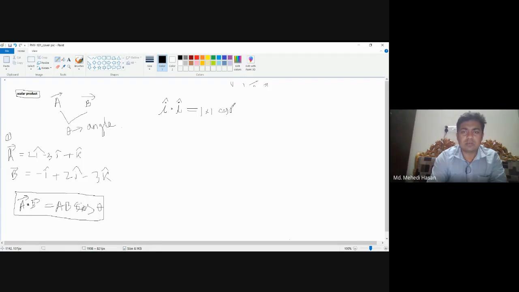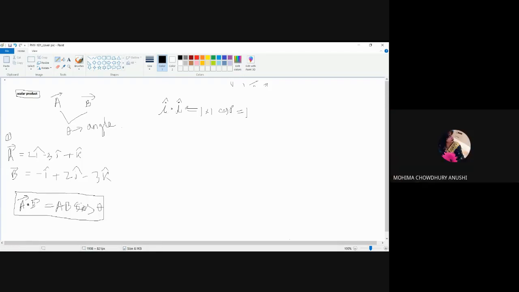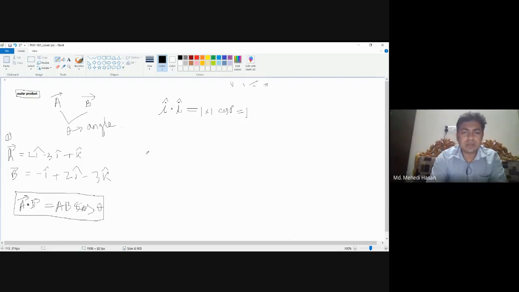So cos 0 is 1, and the answer is 1. Okay, so for similar unit vectors, the dot product result is 1. I dot I equal to 1, j dot j is 1, and also k dot k is 1.